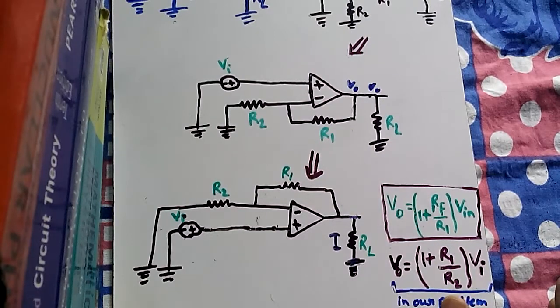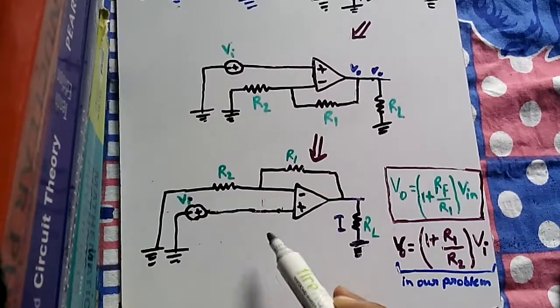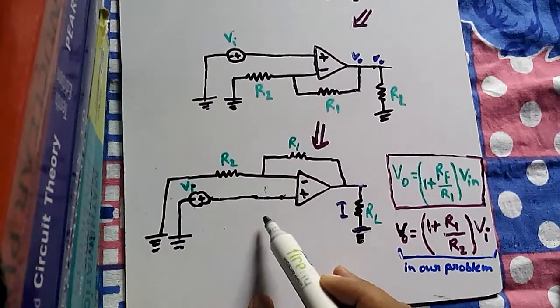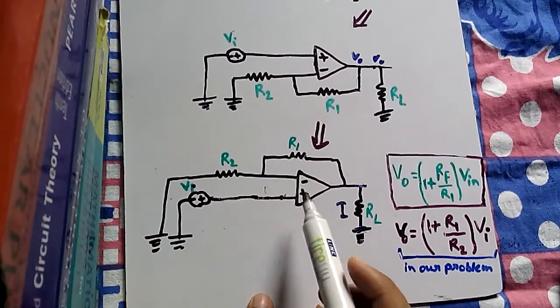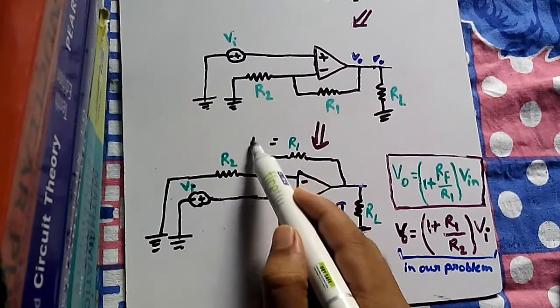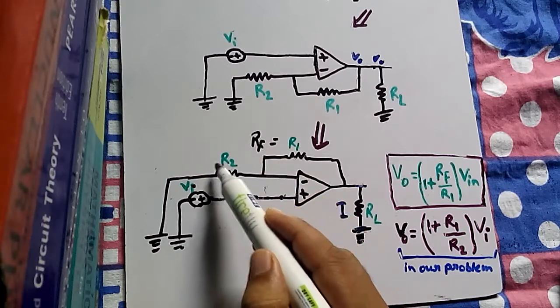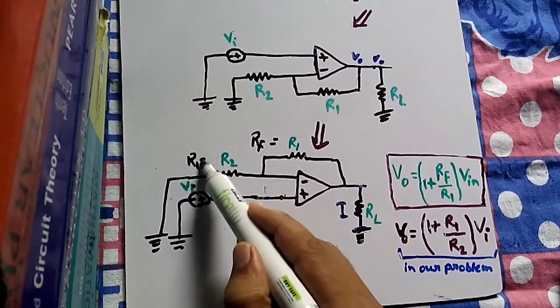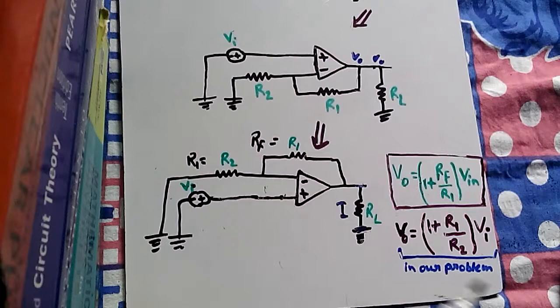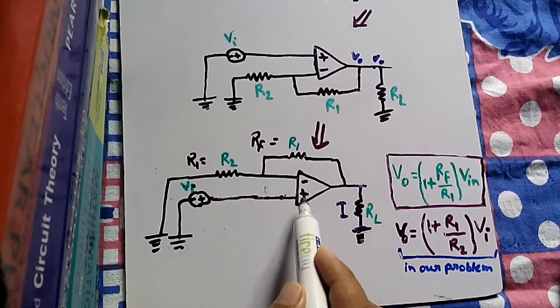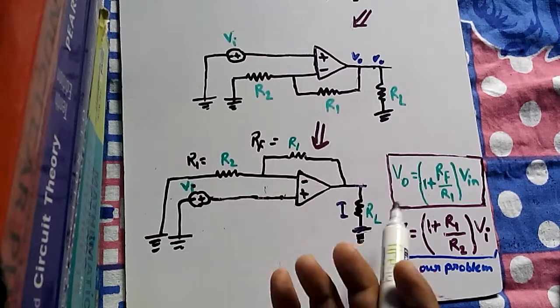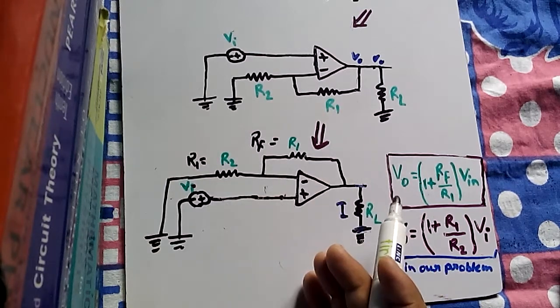Same things. And now looking at this circuit, we can understand that this is a non-inverter circuit, obviously with feedback, where the feedback resistance is R1, and this resistance that we call R1 is actually R2 as given in our problem. Since the input voltage Vi is being given to the positive terminal and there is feedback, it is a non-inverter with feedback.